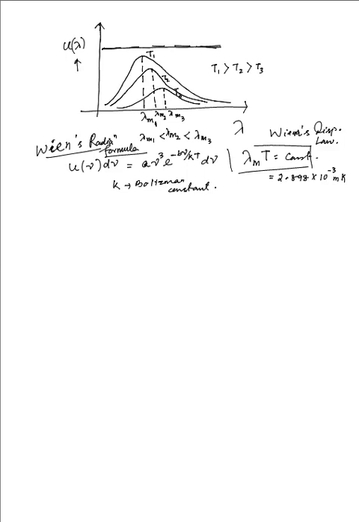And if we are to take this in the case of the wavelength, as you know, wavelength is related to the frequency as nu equal to c, the speed of the electromagnetic wave, divided by lambda. So if we are to take d nu, we'll have to take it as minus c by lambda squared d lambda.